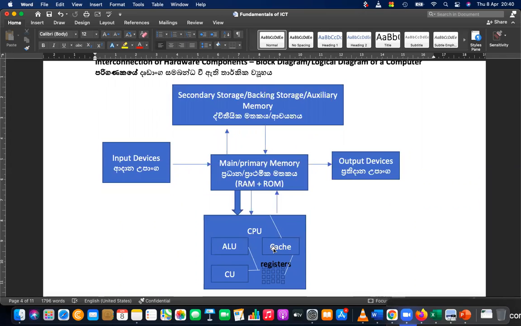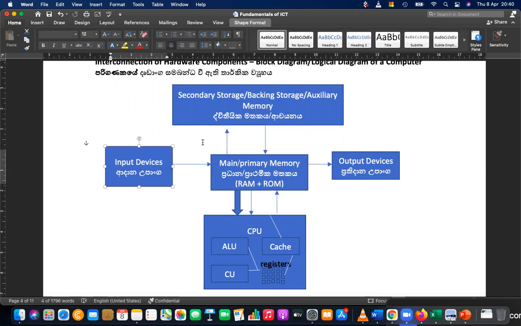Assume that for dinner you are going to have bread. You will not eat the entire bread at once, no? You will take pieces. Those pieces are similar to pages that will be stored in the main memory.